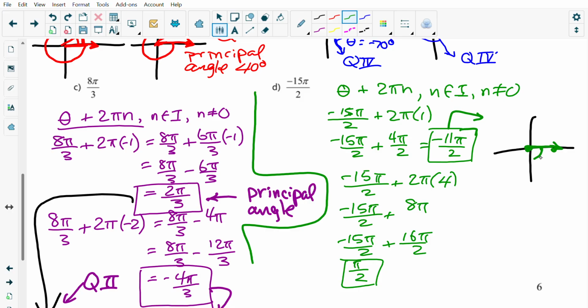So I start at the initial arm. I'm going clockwise because it's a negative angle. Oops, sorry. Let me do that again.